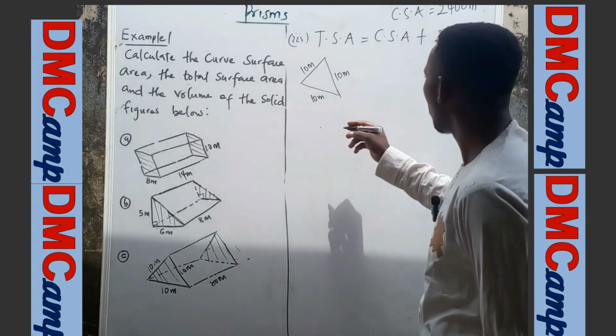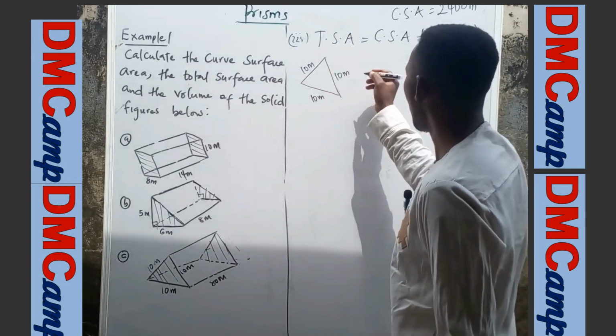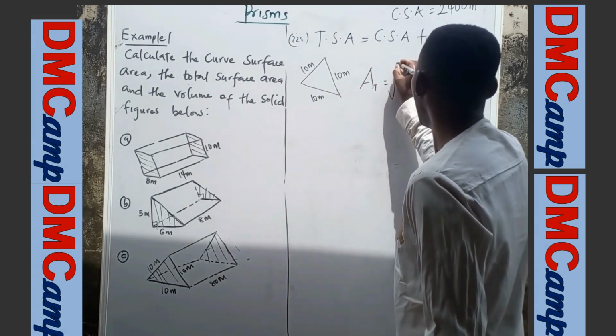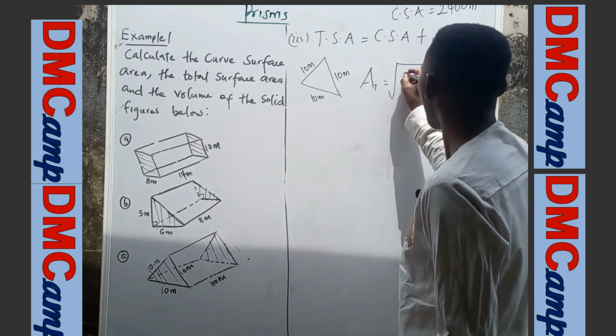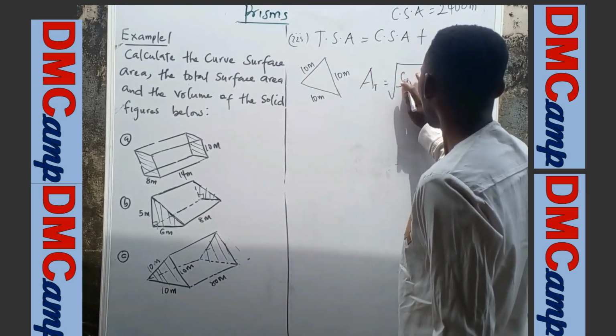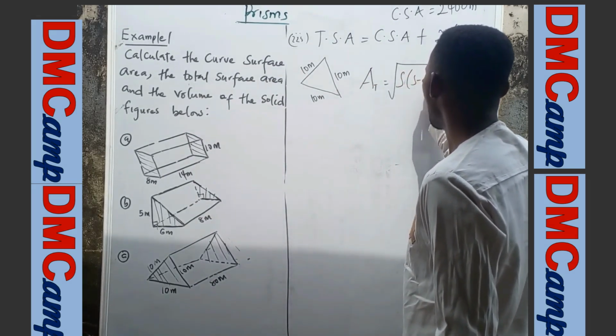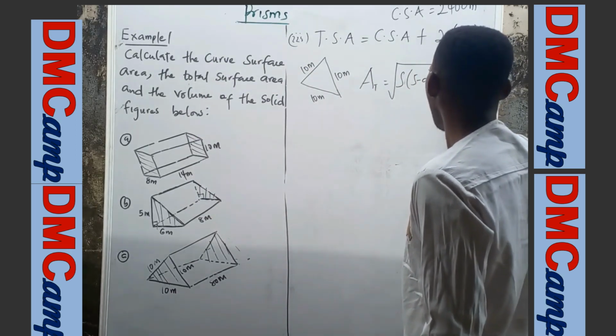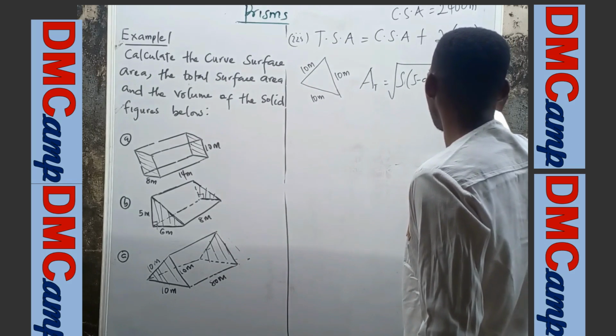So now let's see the area of the triangle. We are going to use Hero's formula, square root of S into S minus A, S minus B, and S minus C.